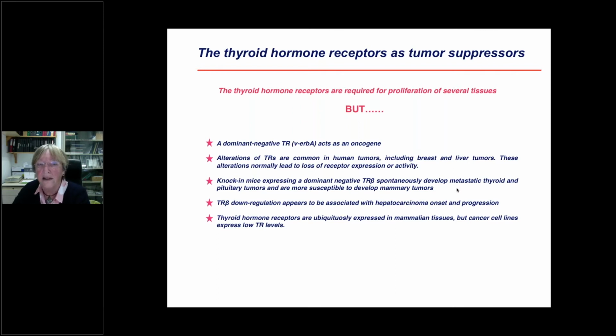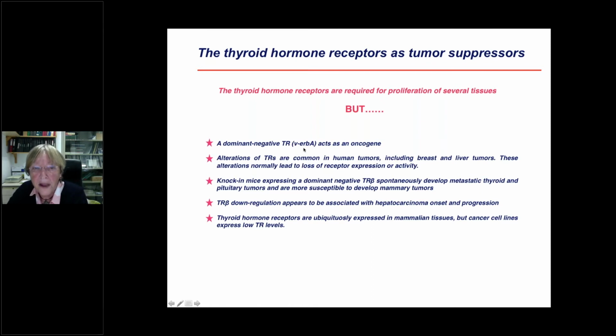The first hint that the thyroid hormone receptors could have a role in cancer was the finding that the TR, and particularly TR-alpha, is the proto-oncogene for a viral oncogene, v-ErbA, that acts as a dominant negative of the endogenous thyroid hormone receptors.